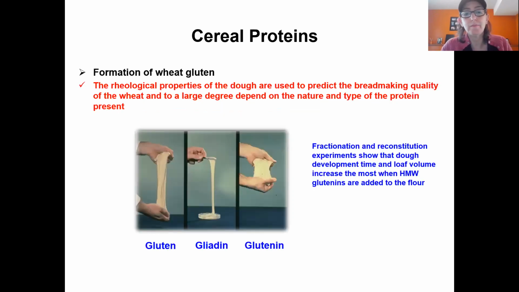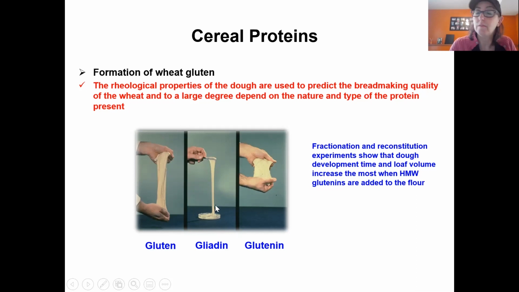So this is a very classic article, or research, done on gluten to show you the differences between gliadin and glutenin in terms of viscosity and elasticity. So here in this picture, on the left side is gluten. Basically, it has gliadin and glutenin, so it has elasticity and it has extensibility characteristics.